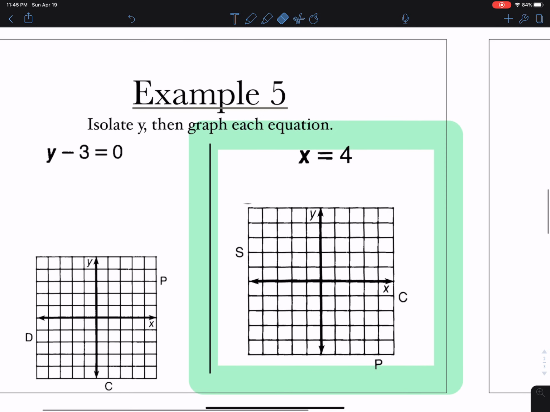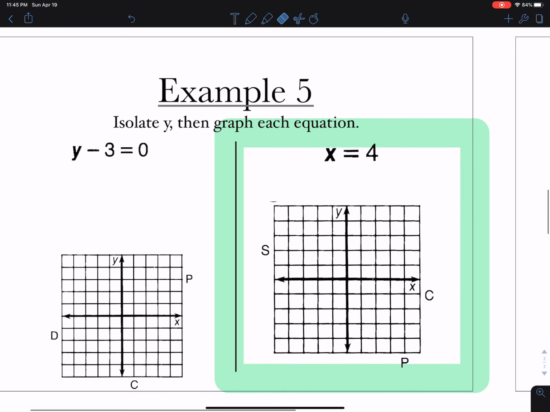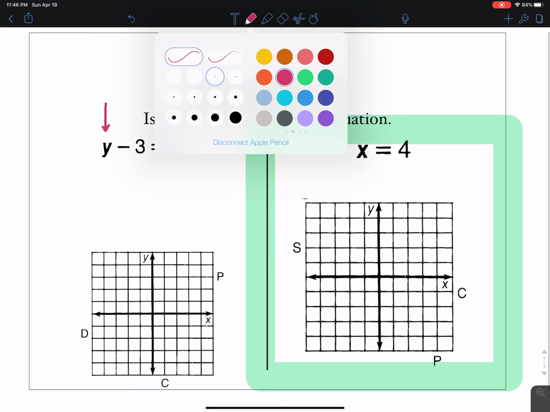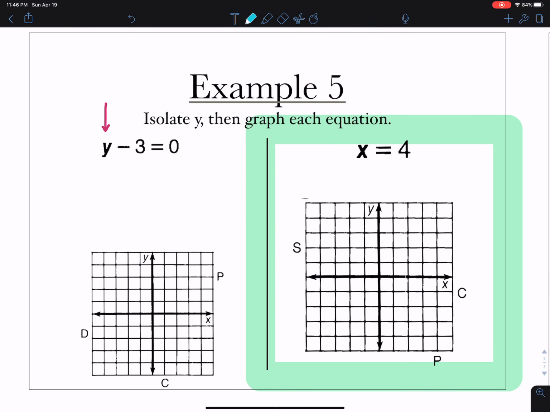And then last but not least, sometimes you won't have either a slope or an intercept, or you might have a vertical line. But again, with this one, we can isolate y. With the one that I'm going to leave for you guys to do, you can't isolate y because there is no y in the equation. To isolate y in this equation, we have to get rid of that -3 by adding 3 to both sides.